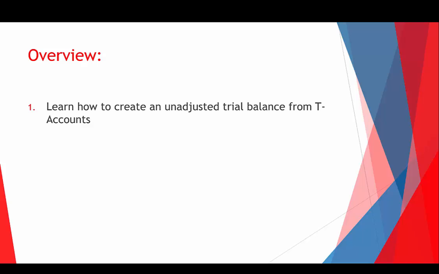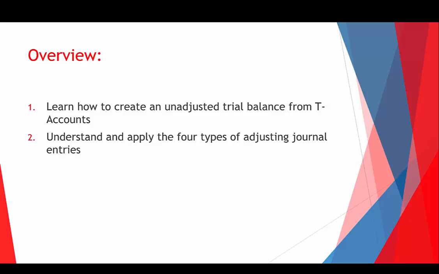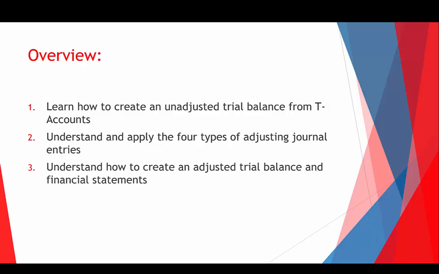Some of our objectives today. First thing, learn how to create an unadjusted trial balance based on the T accounts. Up to this point, you've been recording journal entries and putting things into T accounts, but now we're going to take the next step out of those T accounts. Then understand and apply the 4 types of adjusting journal entries. We'll go through some nice examples for you. Third, understand how to create the adjusted trial balance and the financial statements.